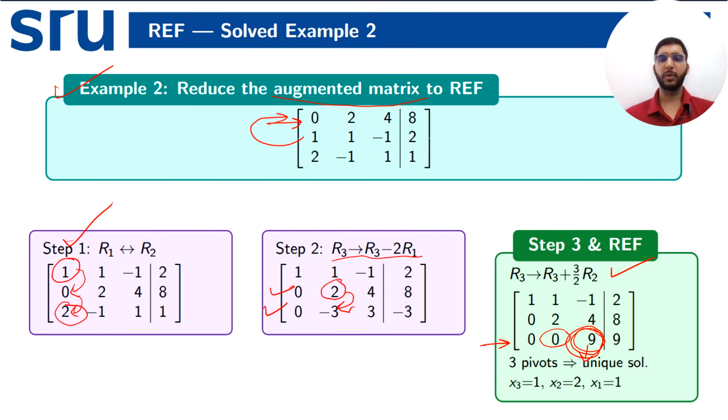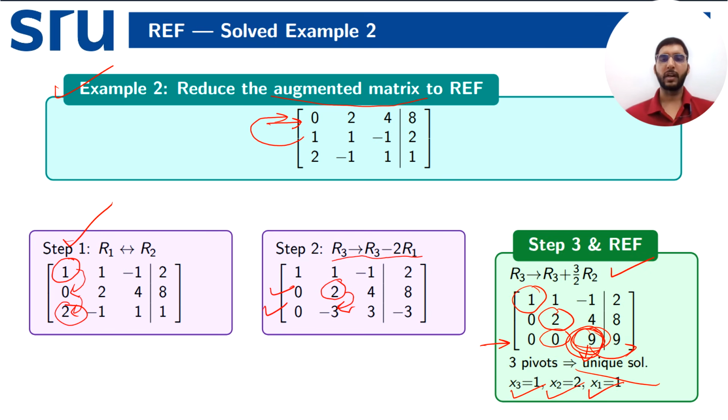The pivot entries are 1, 2 and 9. But since it is an augmented matrix, we can substitute back these values to get x1 as 1, x2 as 2, x3 as 1. So this system of linear equations has a unique solution.